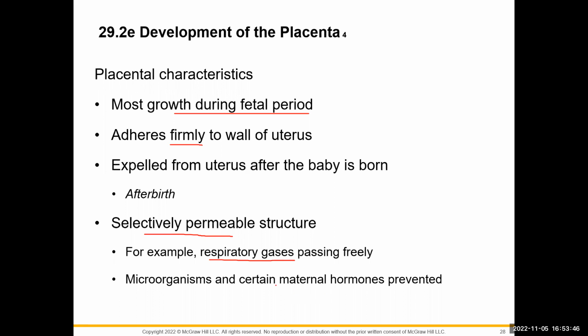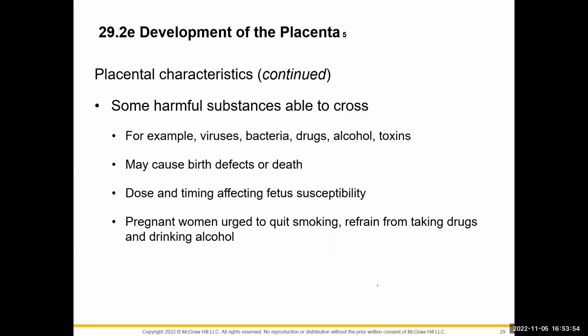And then we are also going to see certain maternal hormones blocked from crossing. We don't want to interfere with the development of our organism, so we only want to allow certain things to move across that membrane barrier, the placenta. Some are beneficial, so we want those to pass, but some are harmful, and we don't want those to pass.